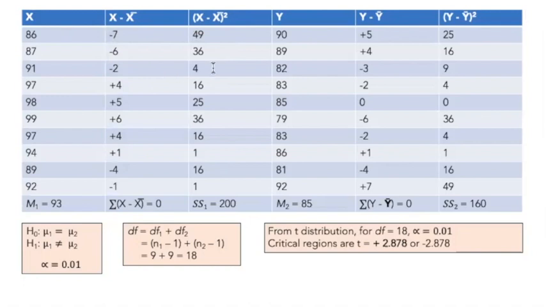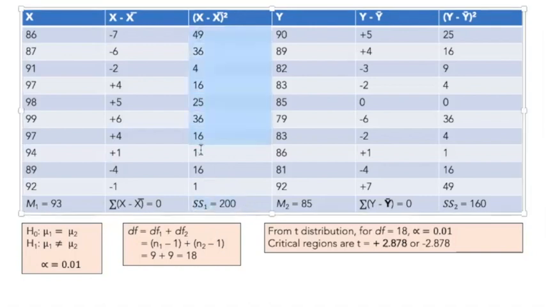Minus 2 times minus 2 is 4. 4 times 4 is 16. 5 times 5 is 25. 6 times 6 is 36. 4 times 4 is again 16. 1 times 1 is 1. Negative 4 times negative 4 is 16. Negative 1 times negative 1 is positive 1. Now, sigma of x minus x bar squared. If you calculate all of these, you get the sum of squares. So the combined value of all of these comes to 200.